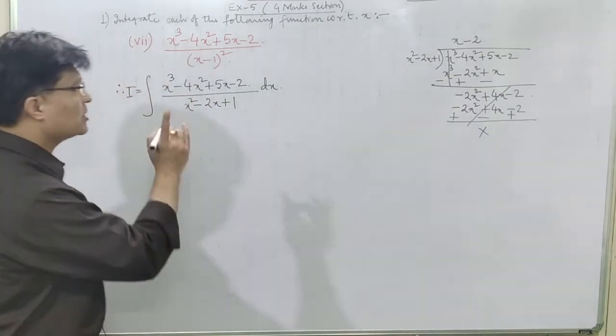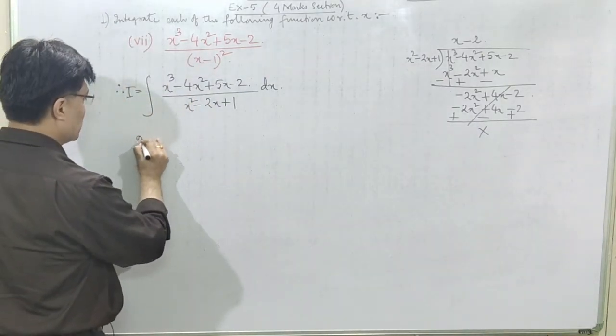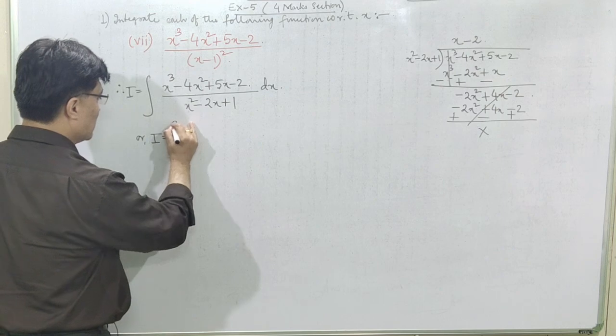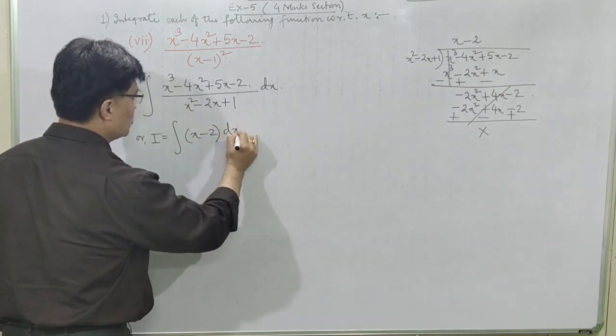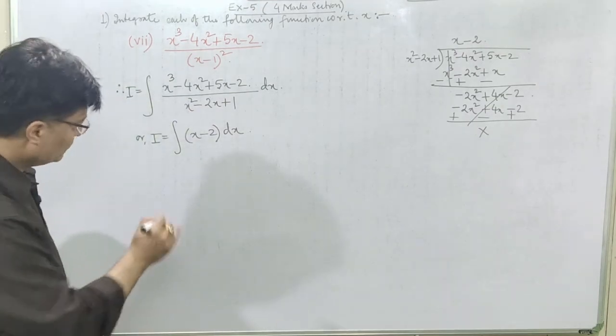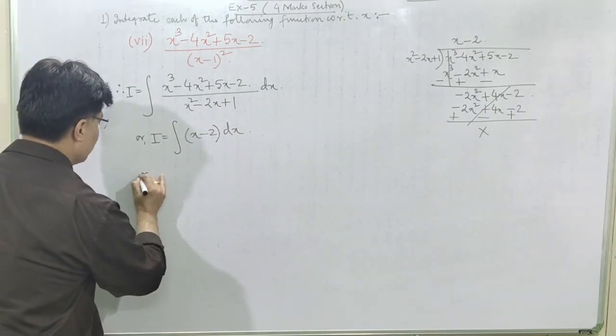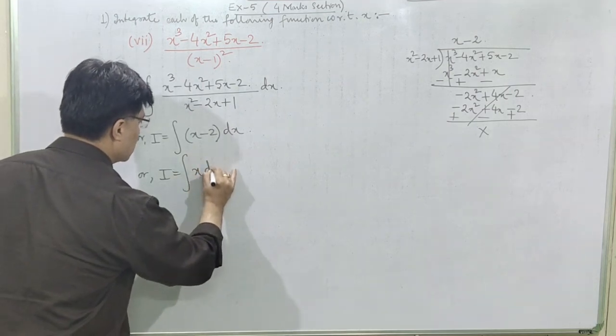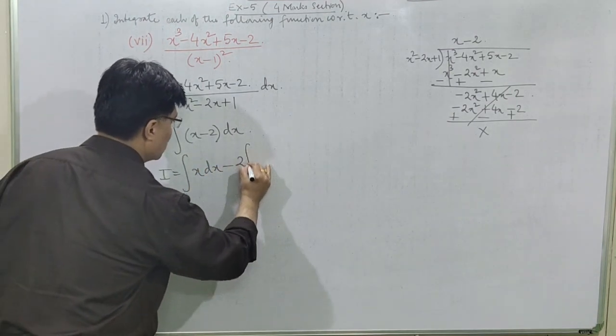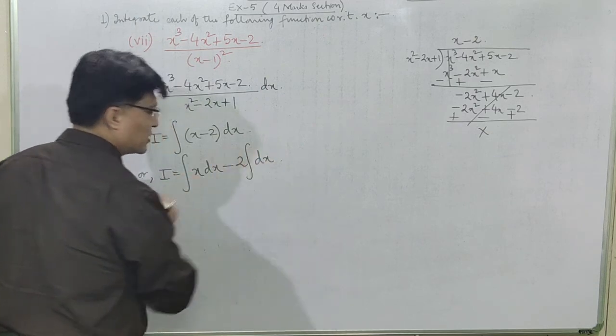So what is the quotient in this case? It is x minus 2. So I is equal to integration of within bracket x minus 2 bracket close dx. So let us separate the term, I is equal to integration of x dx minus 2 integration of dx.